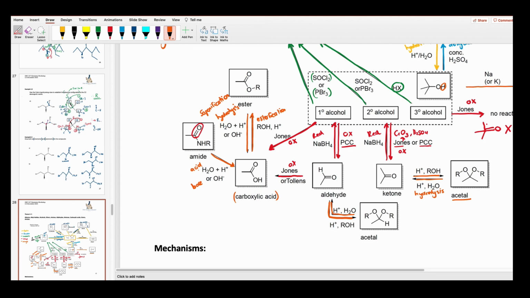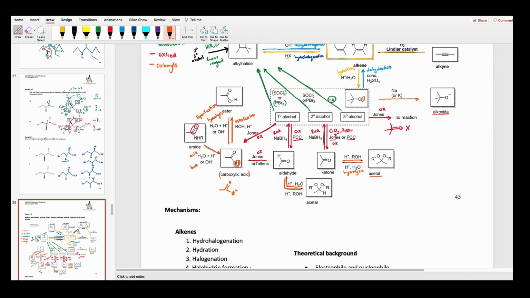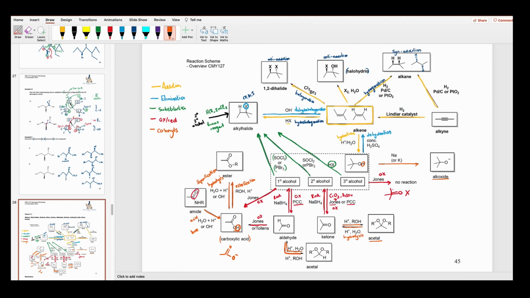If it is acid catalyzed, you will go back to a carboxylic acid because in the presence of protons, it will be protonated. But if it is base catalyzed, you will end up just with oxygen minus because it will be deprotonated in the presence of a basic solution. Okay, and that is literally this whole map summarized in 10 minutes.